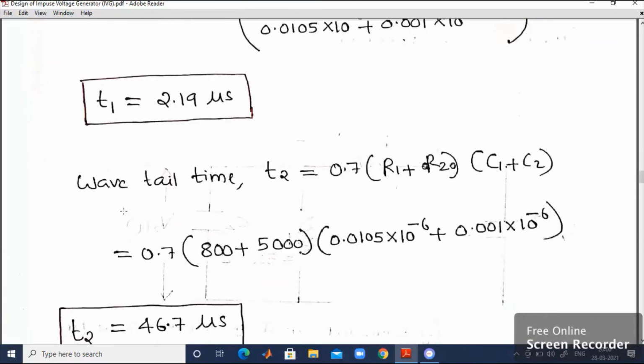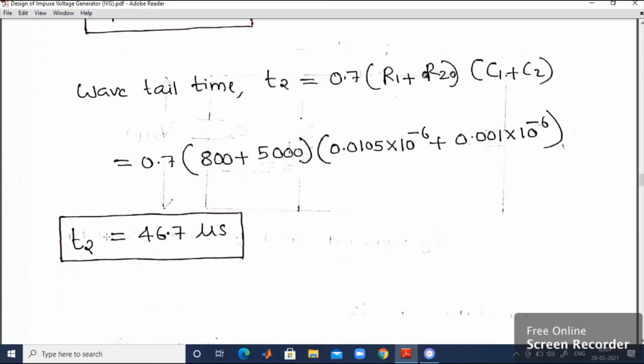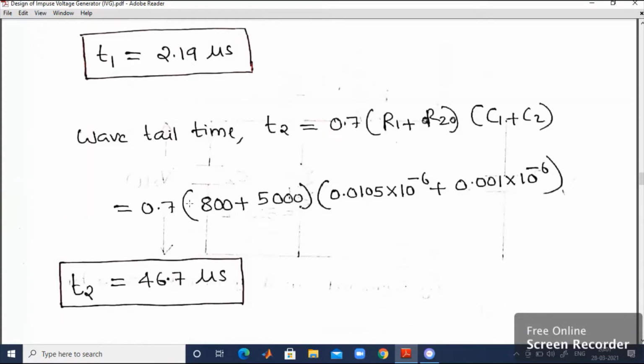Likewise, I can compute the wavetail time T2 equal to 0.7 times R1 plus R2 into C1 plus C2. After substituting the values of R1, R2, C1 and C2, I get T2 equal to 46.7 microseconds. I hope you will verify the same answer. So I could get the values of T1 and T2.